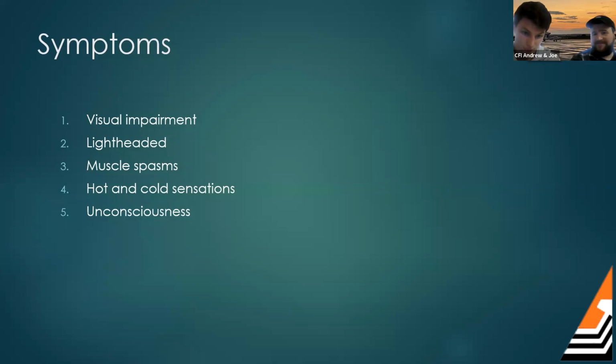Muscle spasms, hot and cold sensations, and in the worst case, unconsciousness. So it's really important to recognize these signs and symptoms that you might be hyperventilating, and try to figure out a way to keep yourself calmer. A lot of people suggest breathing exercises.